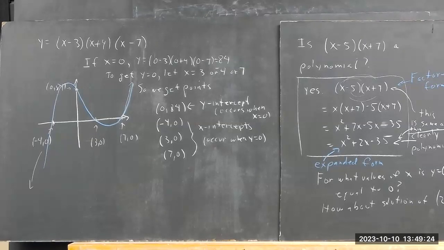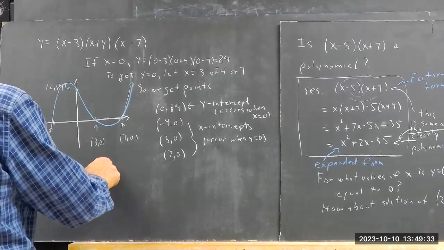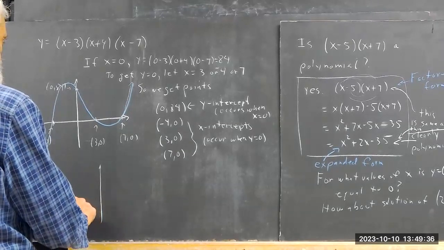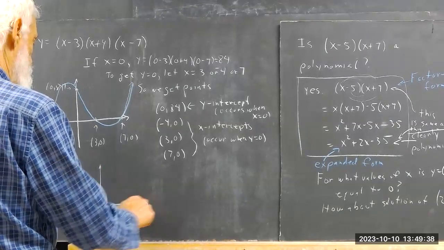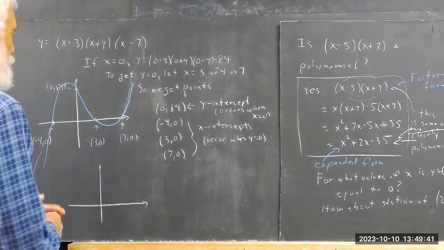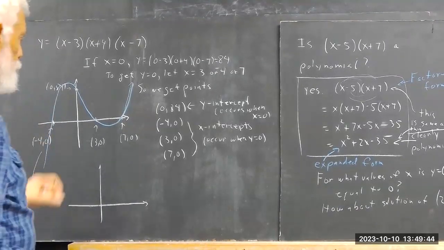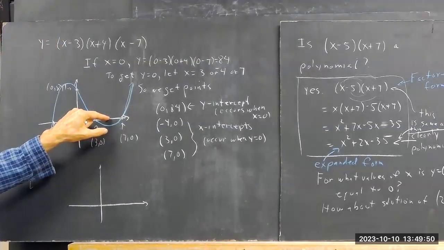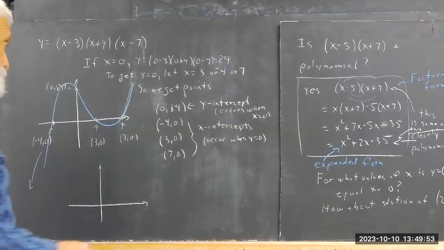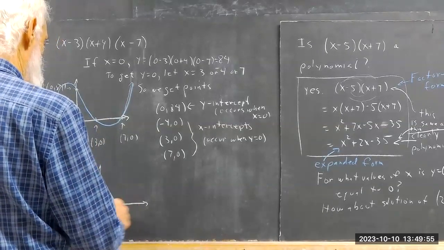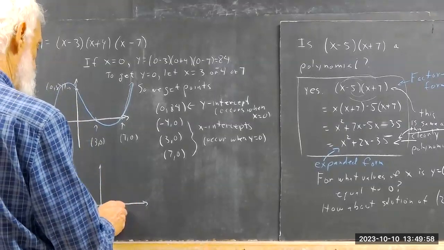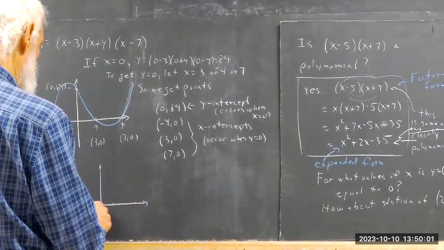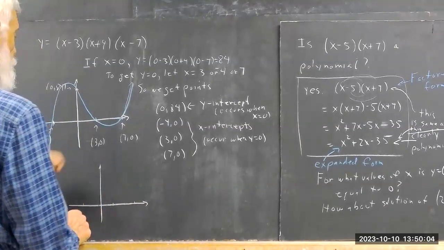Now, what if I vertically shifted this polynomial just a little bit? If I vertically shift it this much, enough to just bring this point up to where it just touches the x-axis. So then, if I brought it up that much, let's just say this point and this point and this point all go up this much.